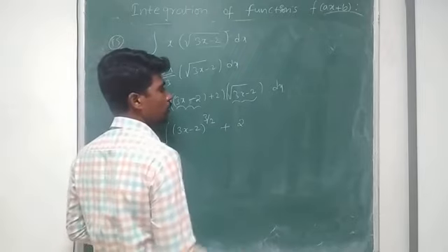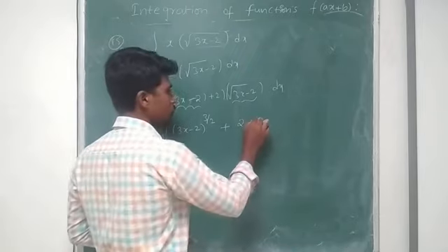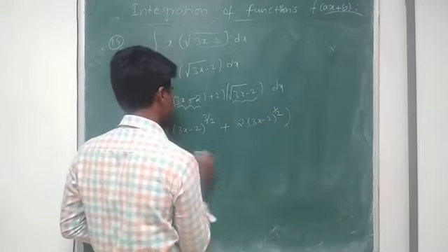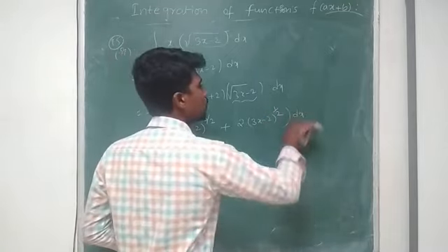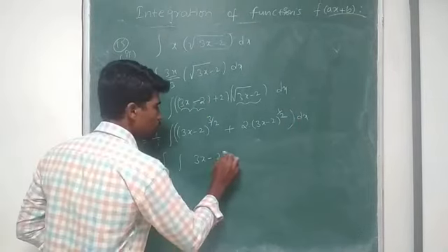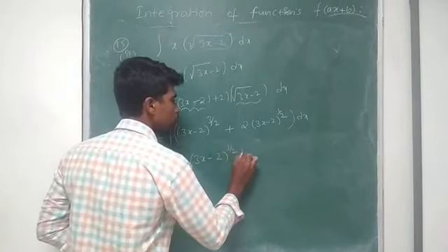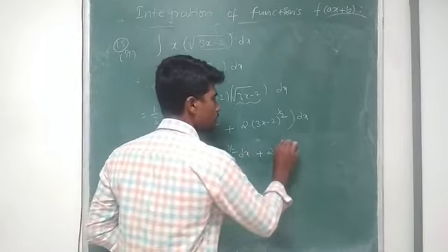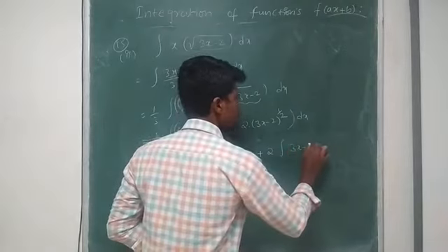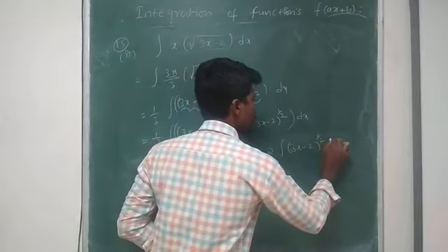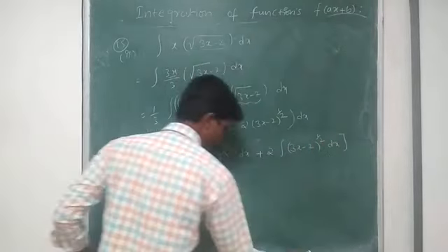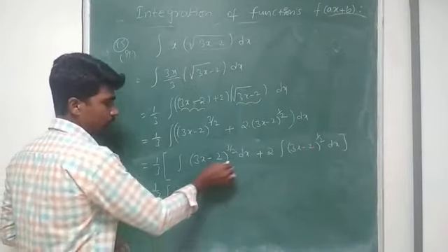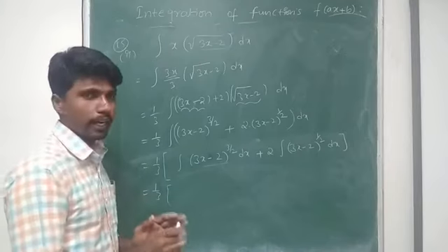Plus 2 into root of 3x minus 2, which is nothing but 3x minus 2 power 1 by 2, dx. So it is 3x minus 2 power 3 by 2 dx plus 2 into the integral of 3x minus 2 power 1 by 2 dx. Okay, 1 by 3 into, it's in the form of ax plus b power n, right?